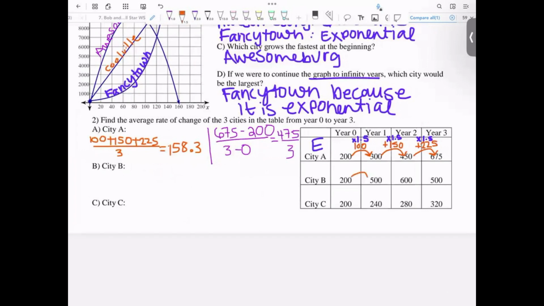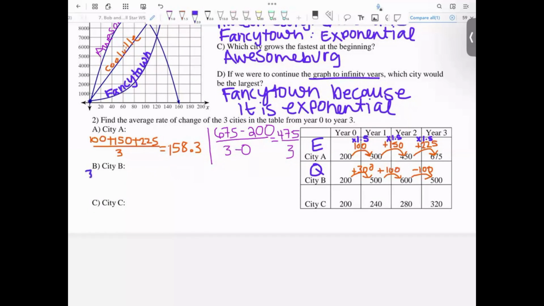All right, so let's find the average rate of change for City B. So City B, we added 300, then we added 100, then we subtracted 100. So when we see something go up and come back down, that should be a big red flag that that's going to be quadratic. So again, you can find the average of those numbers, or you can use your slope formula.